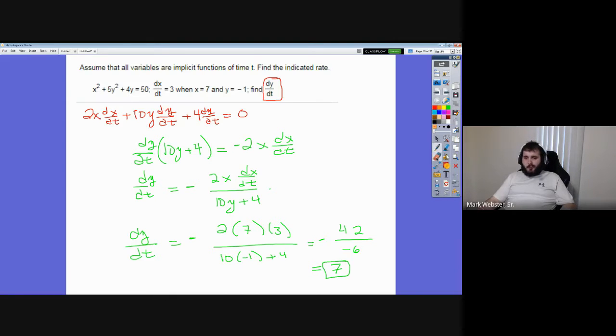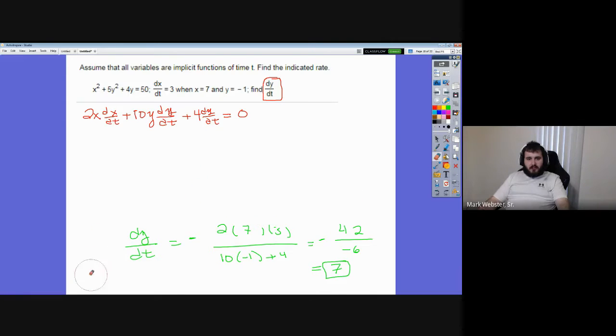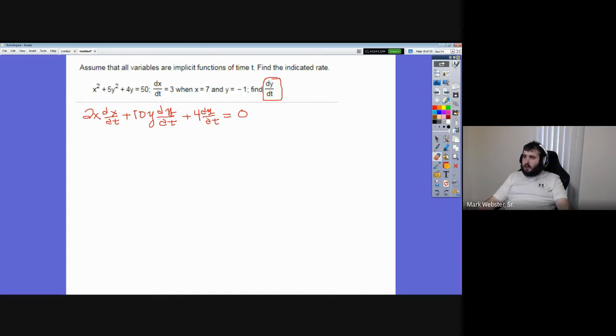If you would rather plug stuff in before you start solving, that totally works too. If you want to solve first and then plug stuff in, do it. If you want to plug stuff in first and then solve, you'll still get the same answer. What did we say the answer was? 7, right?